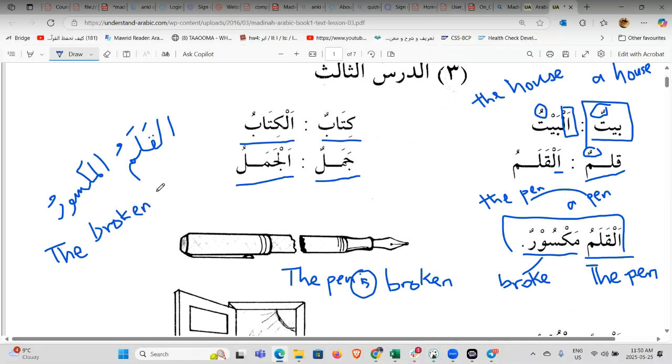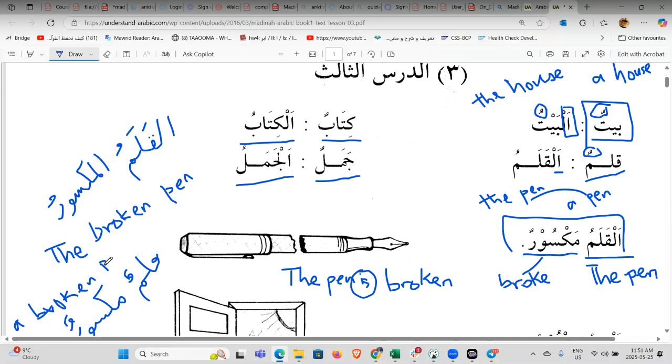Another thing we can do is to get rid of the alif and lam for both of them. What would that mean? So if we had qalamun maksurun, this would mean a broken pen.